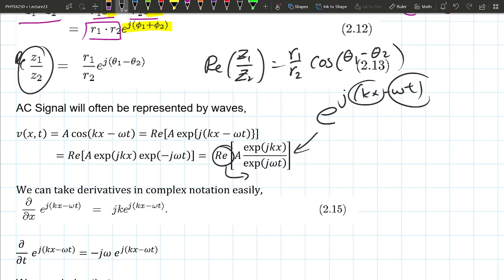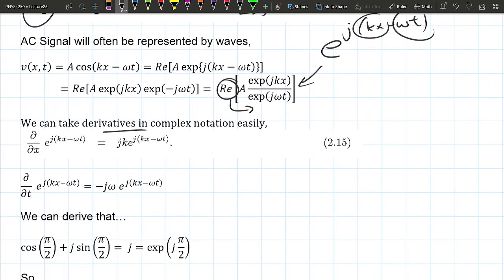The other thing you can do is you can take derivatives easily. My favorite thing to take derivatives of is exponentials. What's the derivative of e to the ax? a e to the ax, because everything else stays the same up here. You just pop whatever the factor in front is down.